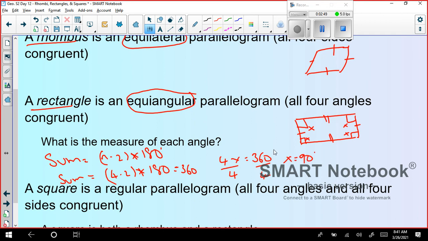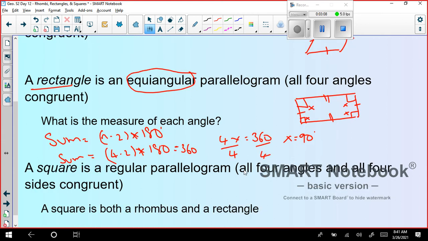But our actual definition of a rectangle is that it is an equiangular parallelogram. The actual definition of a rhombus is that it's an equilateral parallelogram. What's a square? A square is a regular parallelogram, which means all of its four sides and four angles are equal. A square is both a rhombus and a rectangle.